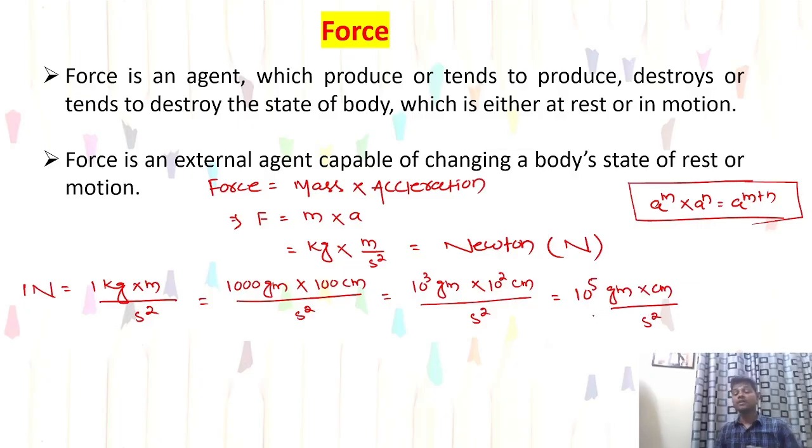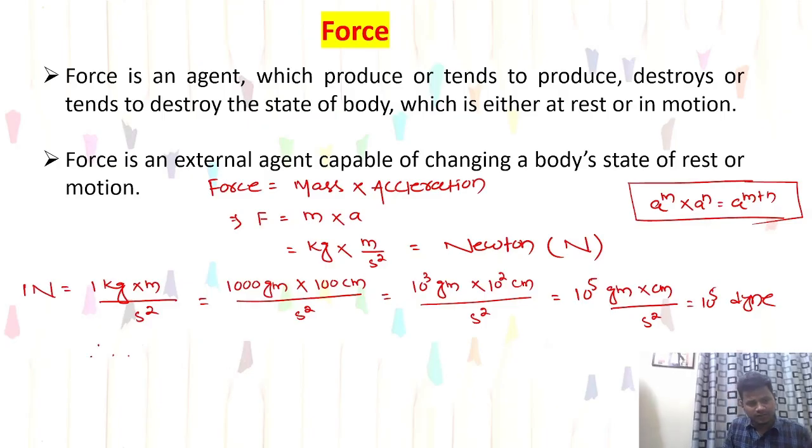Again, the same laborious problem. Instead of saying gram centimeter per second square repeatedly, we have named the gram into centimeter per second square, into 10 to the power 5, dyne. Instead of saying gram centimeter per second square in CGS unit, you can say dyne.